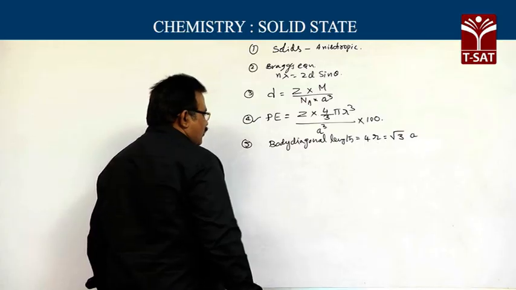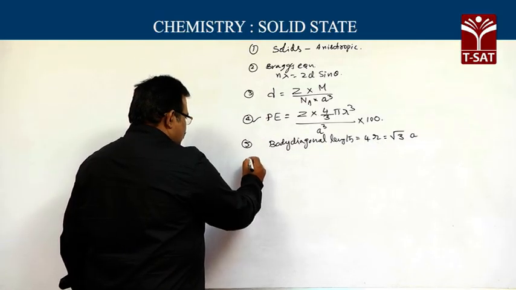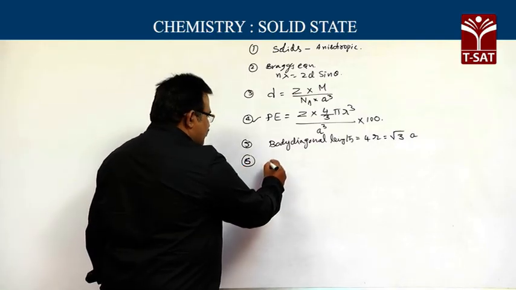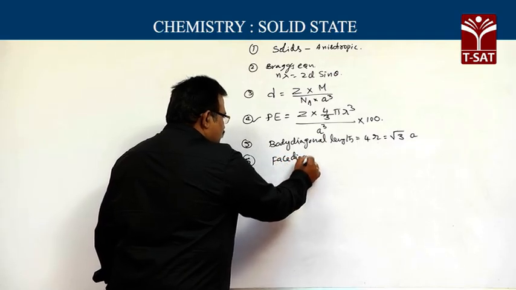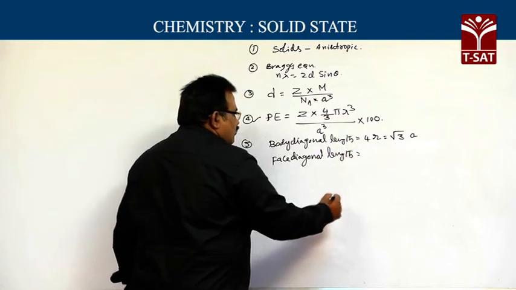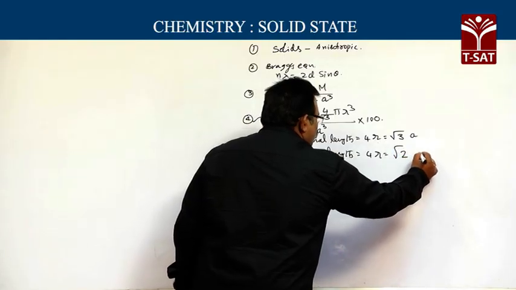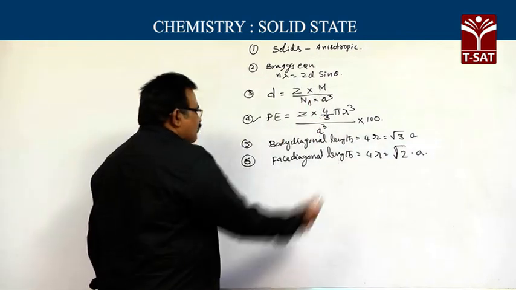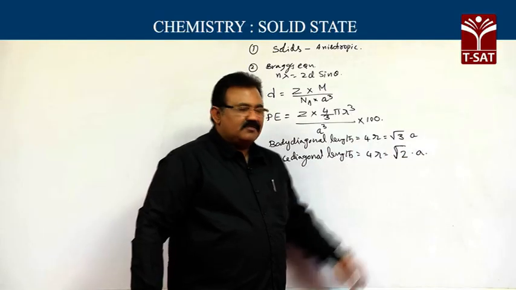So, 4r is equal to root 3 into a. And in FCC, face diagonal length 4r is equal to root 2 into a. From this you can calculate r, and from this you can calculate a also.